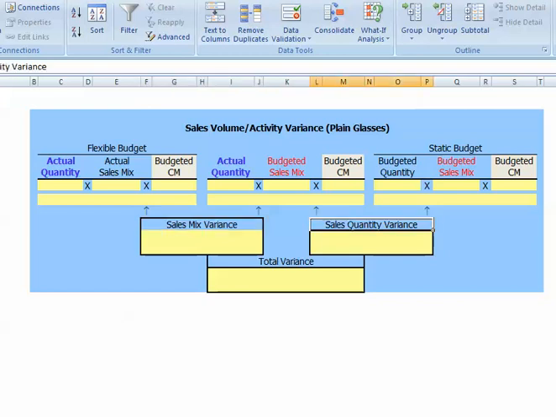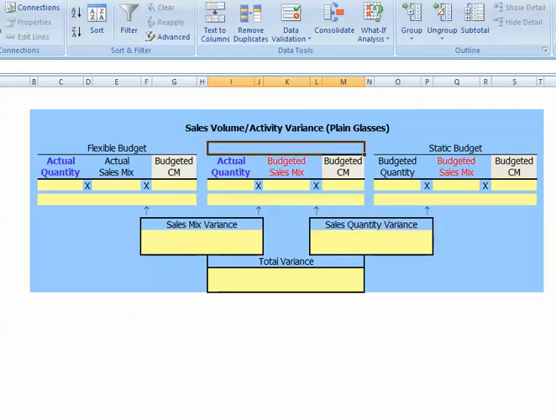And then we can also evaluate or isolate how much of it was due to a change in the actual quantity of total units sold. And we can see that that's the case because both the center column and the static budget both have budgeted sales mix and budgeted contribution margins. The only difference is actual quantities compared to budgeted quantities.